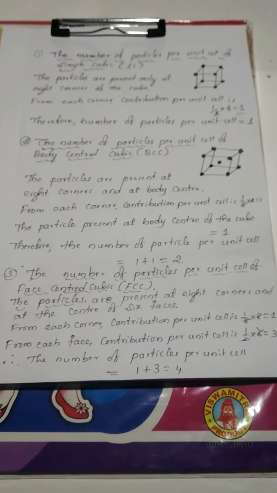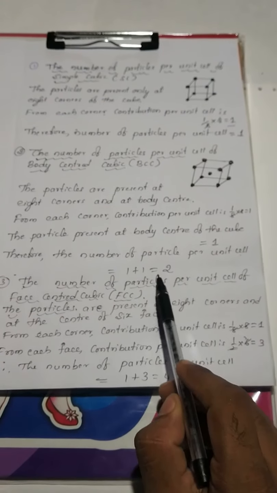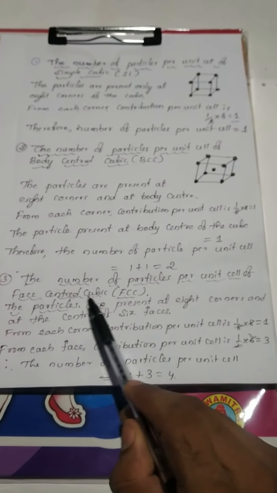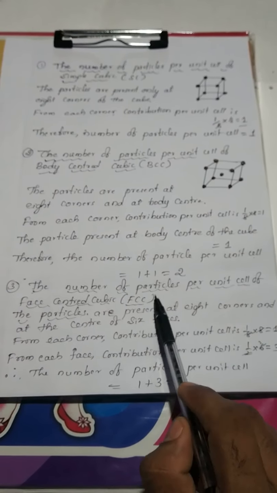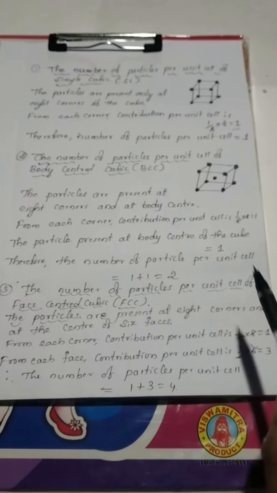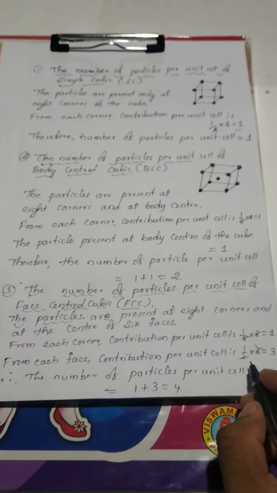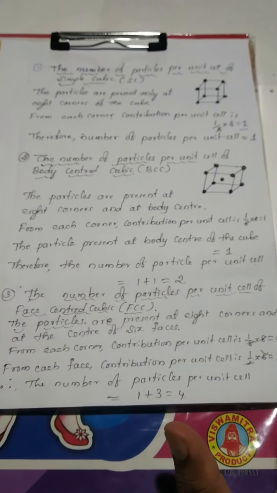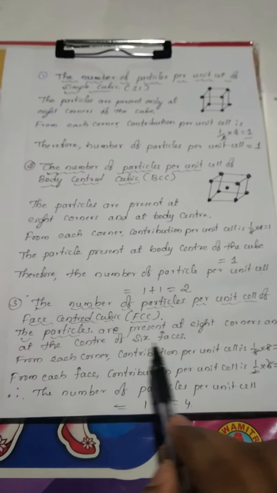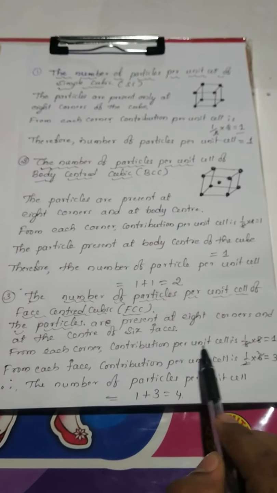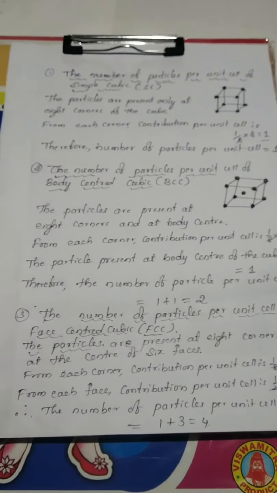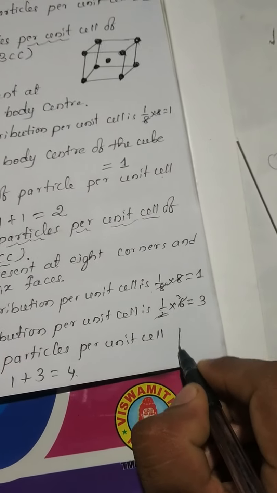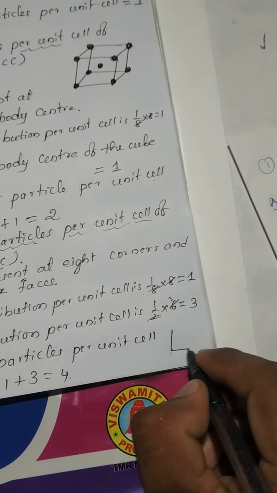Similarly, the number of particles per unit cell of face centered cubic, or FCC, the number of particles present in an FCC. See, same here also. From each corner, the contribution per unit cell is the same, as I said before.